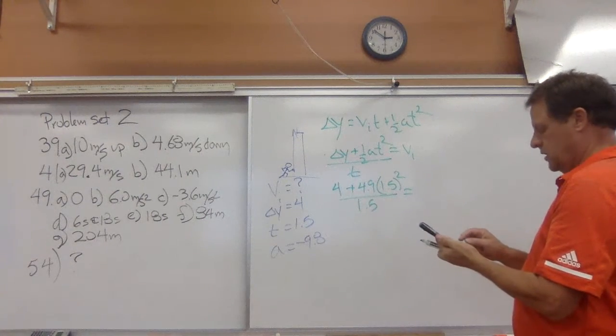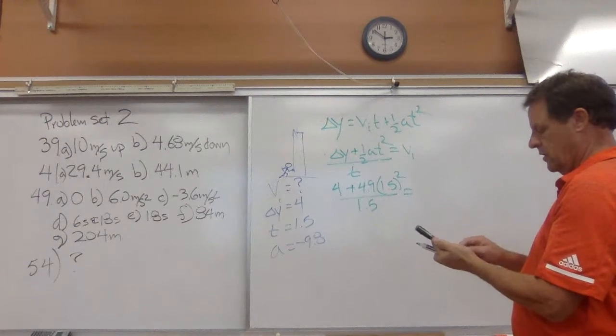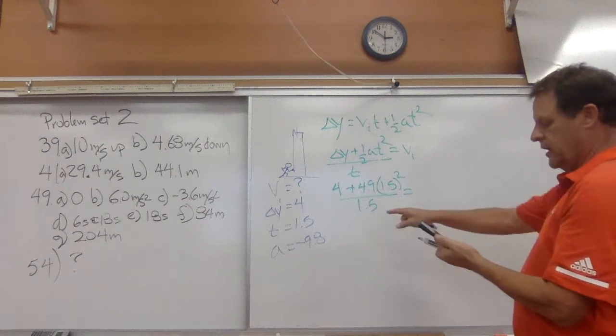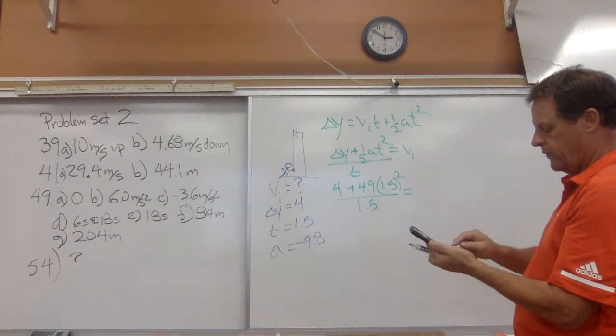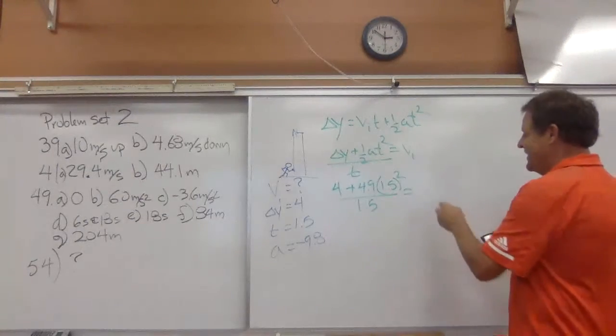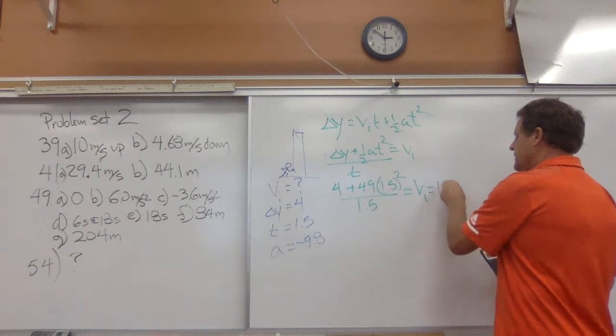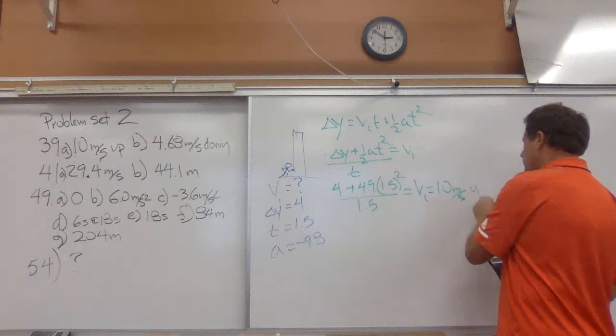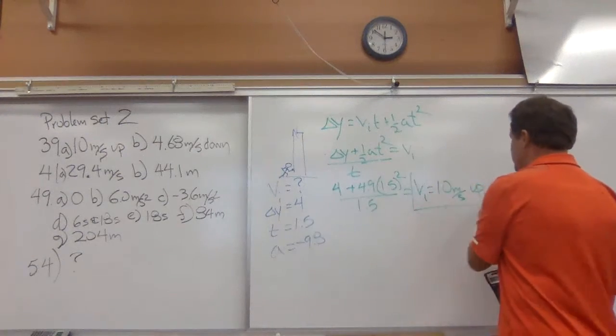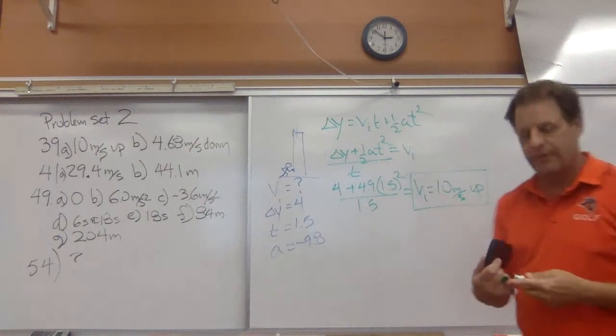So that is going to give us 15.05, and we're going to divide that by 1.5, and we're going to get this initial velocity that's equal to 10 meters per second, and that's positive. So that is going up. So that is our answer to part A.